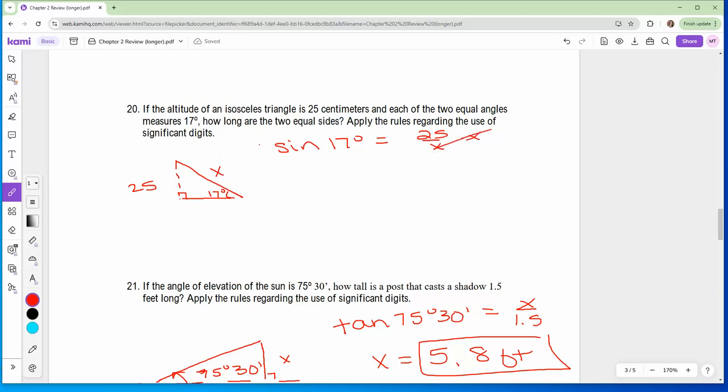Multiply over your x, and you have to divide, so 25 divided by the sine of 17 degrees. And that gives us 85.5, but I said significant digits, there were only 2 in the problem, so that would be 86.